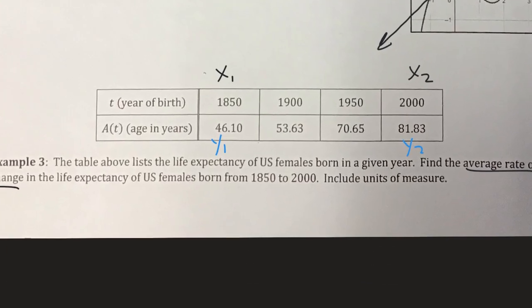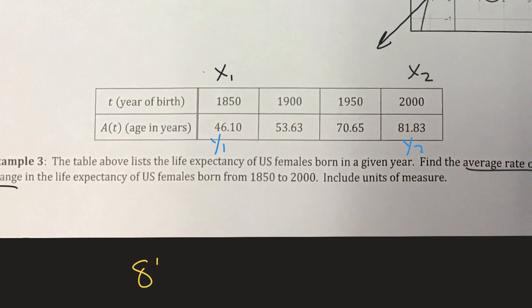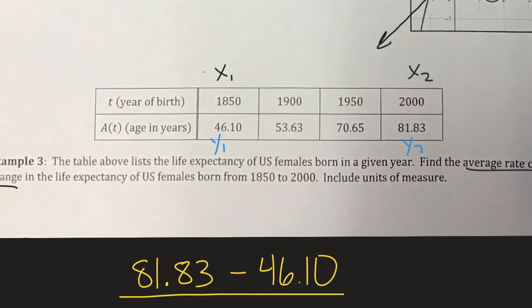So when we find the average rate of change, that's y2 minus y sub 1 divided by 2000, your x sub 2, minus 1850, your x sub 1.